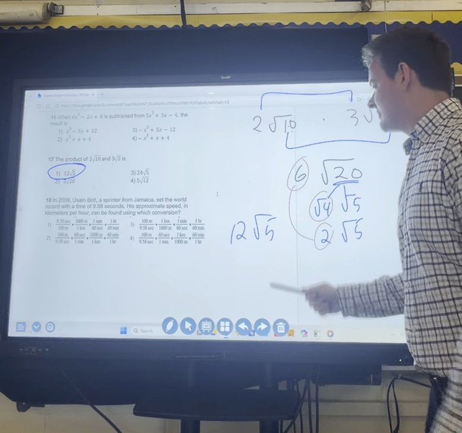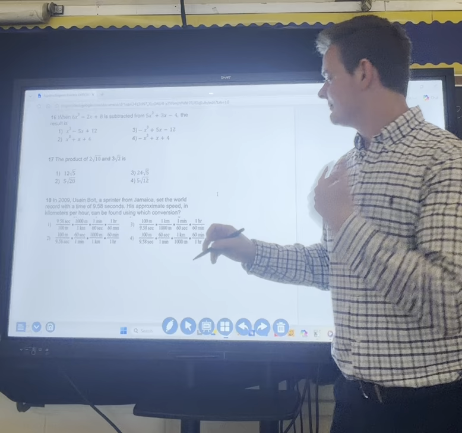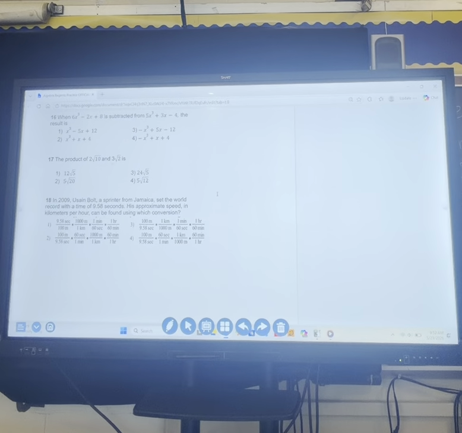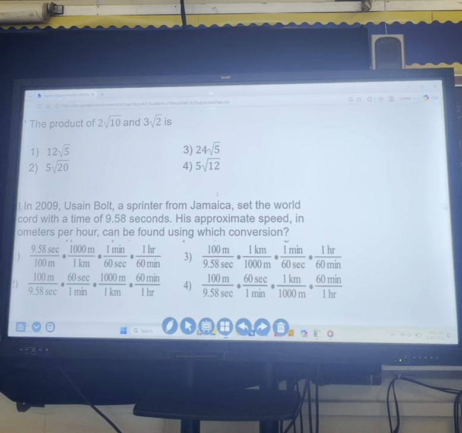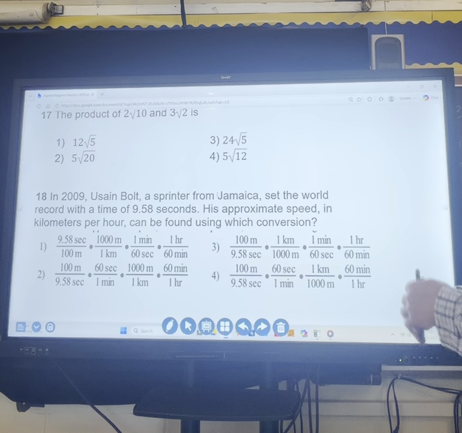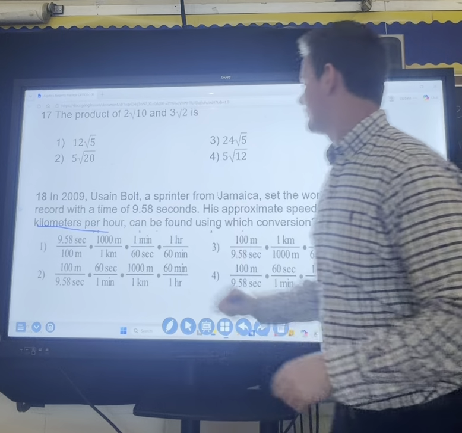And lastly, for the multiple choice, I got this Usain Bolt question. I don't have to read much of it. I see these answer choices, and I'm like, okay, I have to cross things off to figure out which way this person wants it. This person wants kilometers per hour.